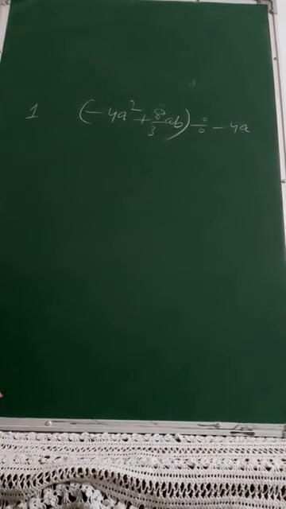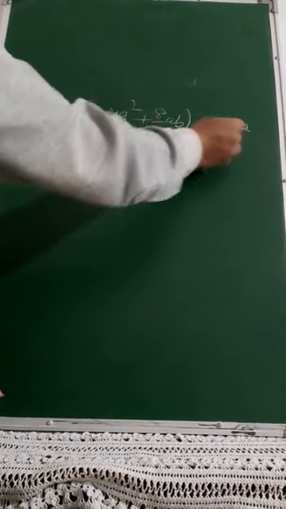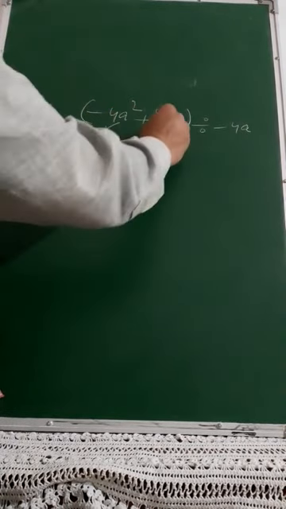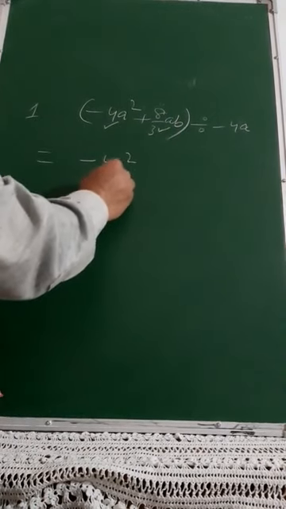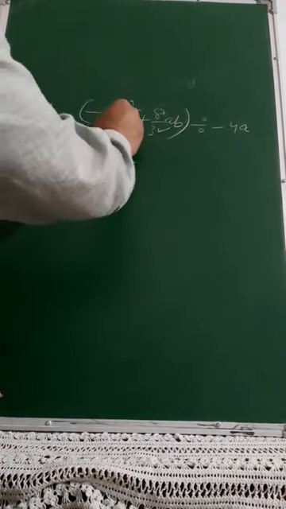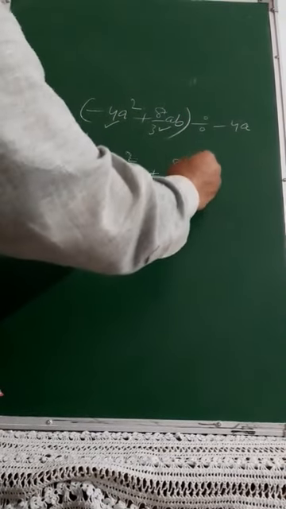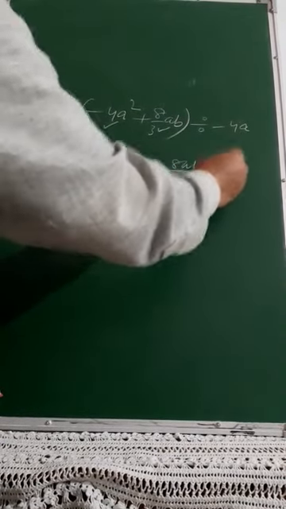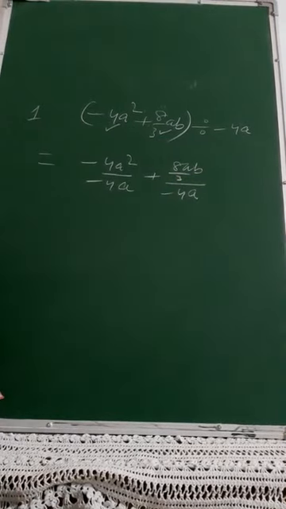No issues. So then do it individually. With 4a you have to divide this also and this also. So you write it as minus 4a square upon minus 4a. First this with this, and then second plus 8ab upon 3 divided by what? Minus 4a.